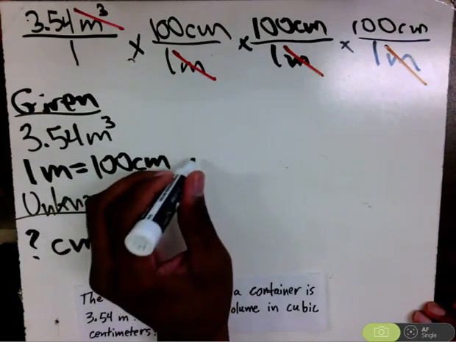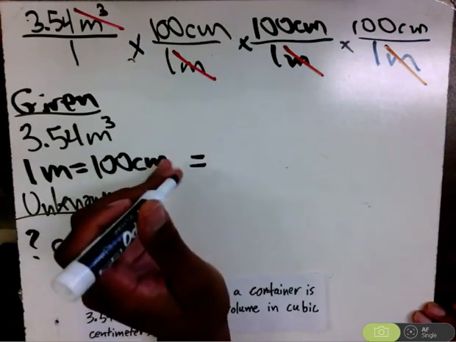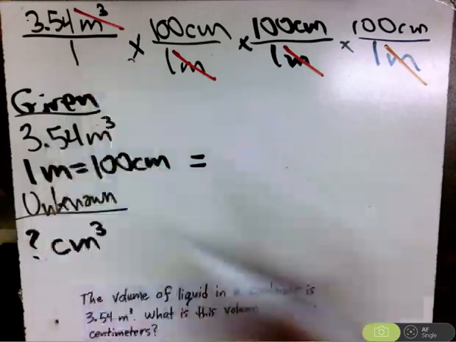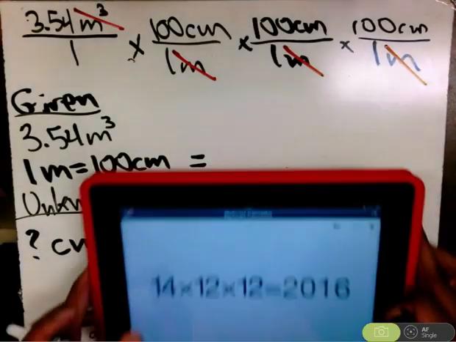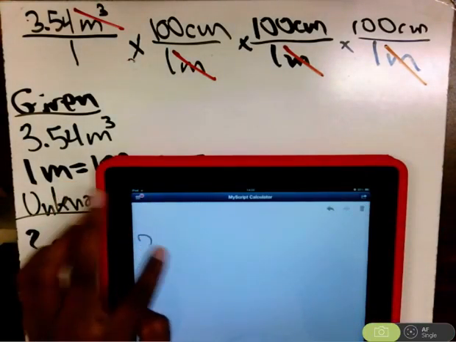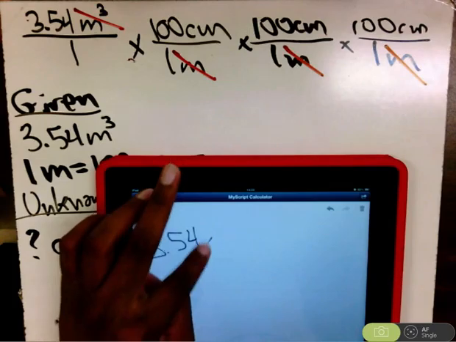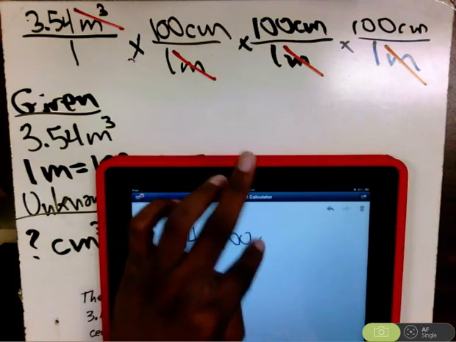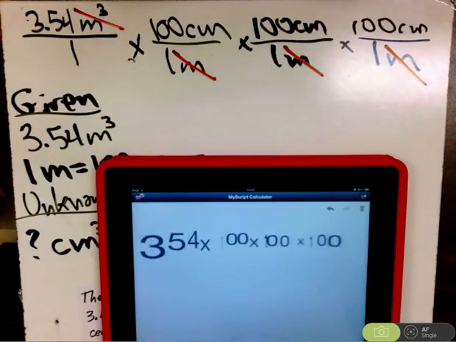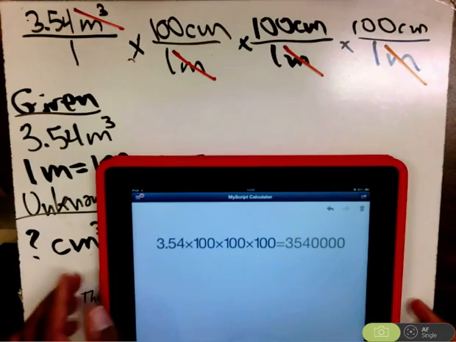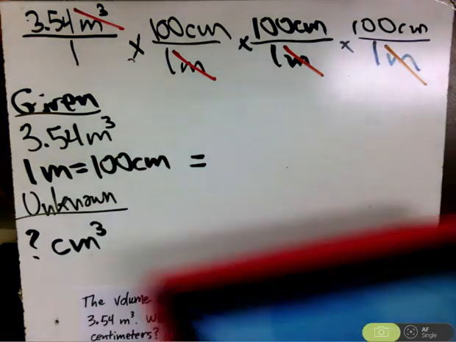So let's multiply across the top. 3.54 times 100 times 100 times 100. And that's going to give me 3,540,000.